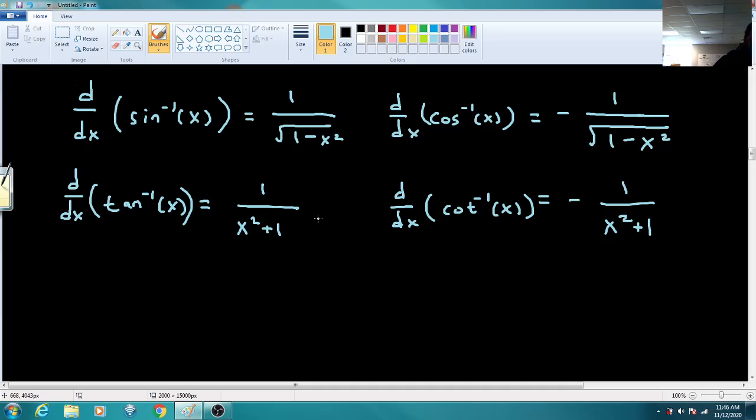Then we need to cover secant and cosecant. So arcsecant is 1 over absolute value of x, and then it's times the square root of x squared minus 1.